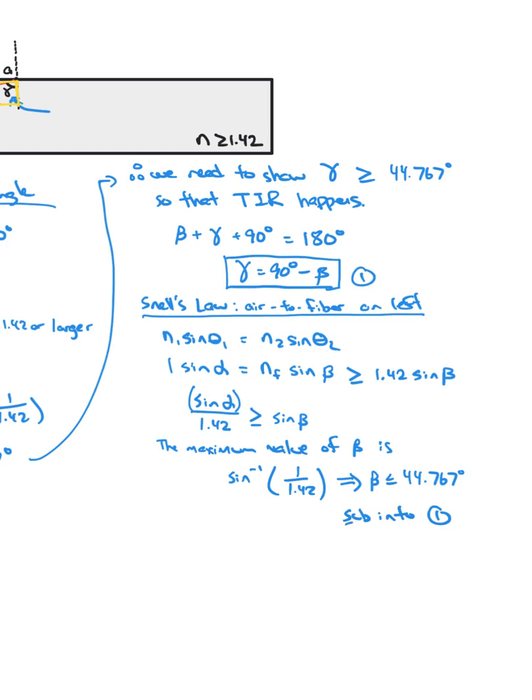In equation 1, we had gamma was 90 minus beta. But beta can at most be 44.8. Beta at most is 44.8.